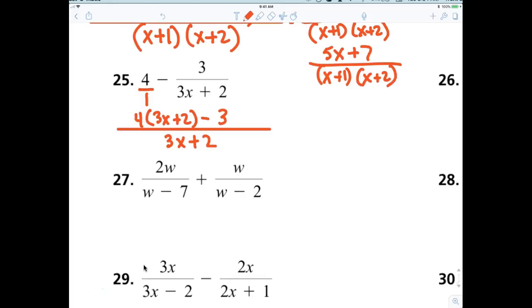Why don't you subtract the 4? Well, we're getting to the next step right now. Now you have to distribute the 4, right?